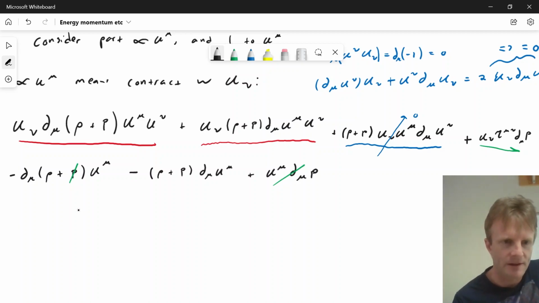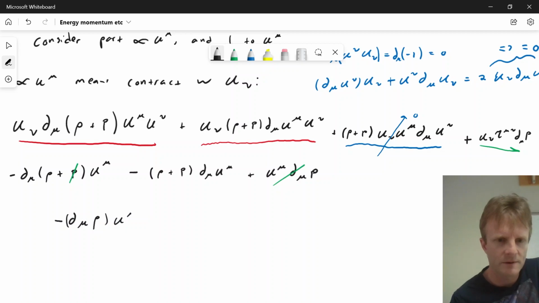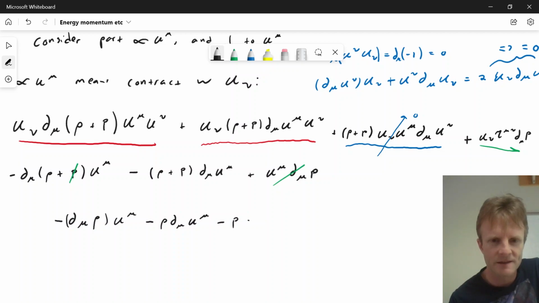Now what do we have left? We have minus ∂_μ rho times u^μ. We have minus rho ∂_μ u^μ. And we have minus p ∂_μ u^μ.